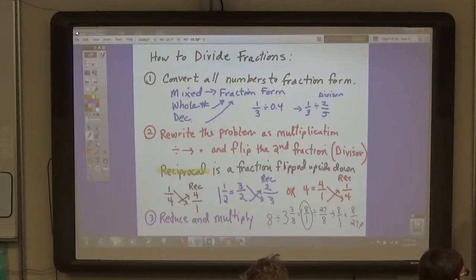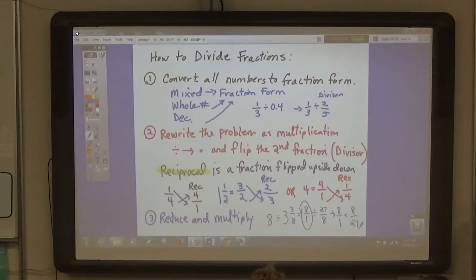Skip down to number 5. Negative 6 elevenths divided by 4 elevenths. Is your answer going to be positive or negative? It's going to be negative because we have a negative divided by a positive.